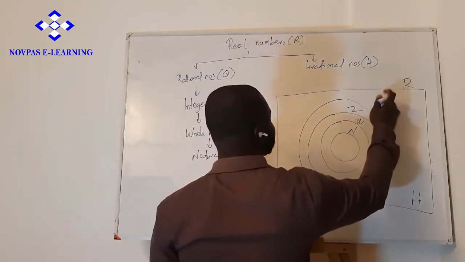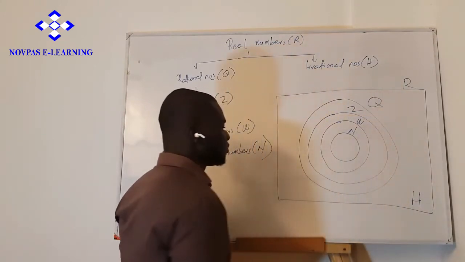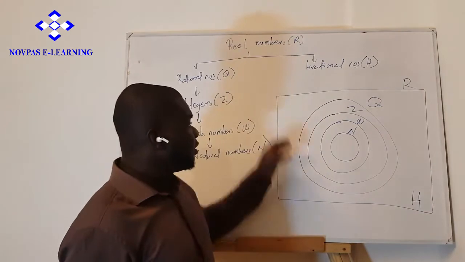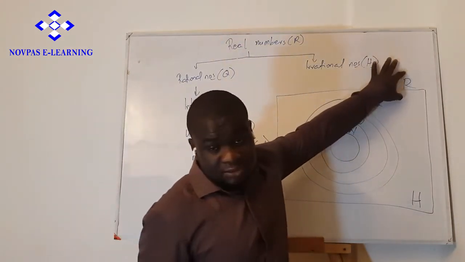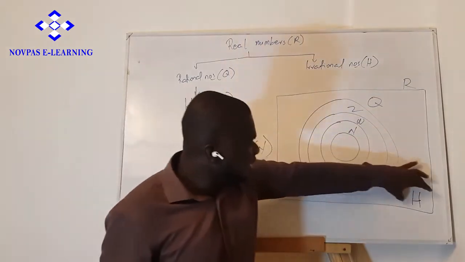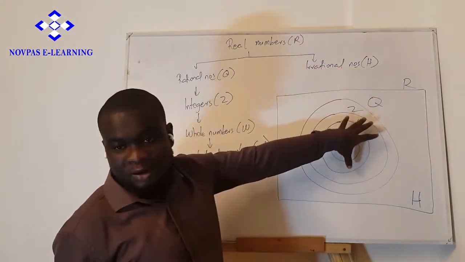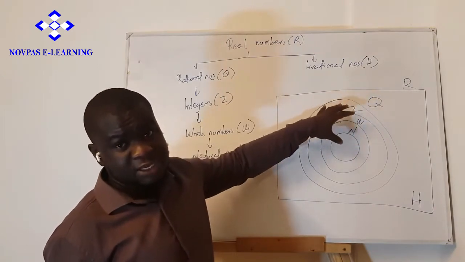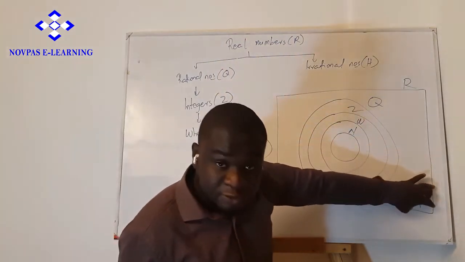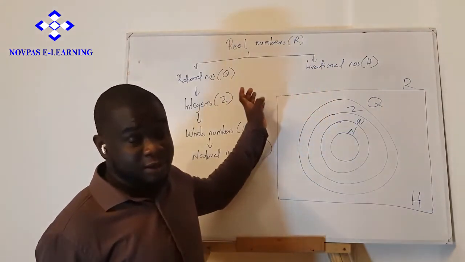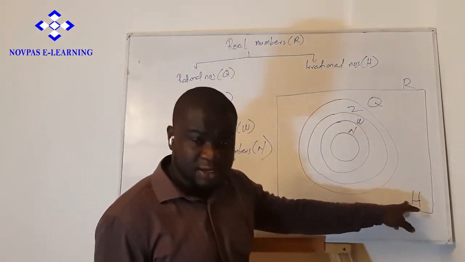Oh, sorry, rational numbers, Q. So basically, this is how a Venn diagram is going to look, okay? Real numbers is the universal set. H, which is irrational numbers, is not a subset of rational numbers. It's on its own, so it will be found here, right? It's a complement of Q, right?